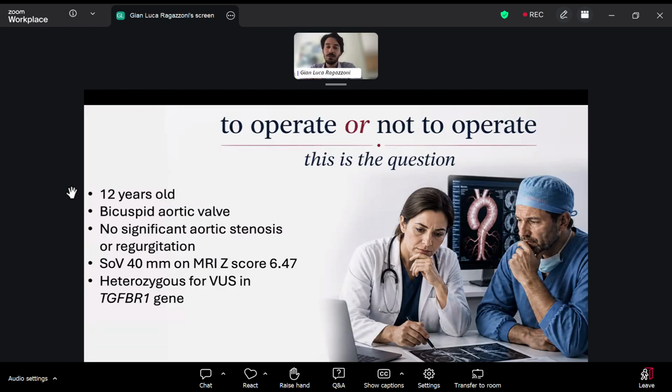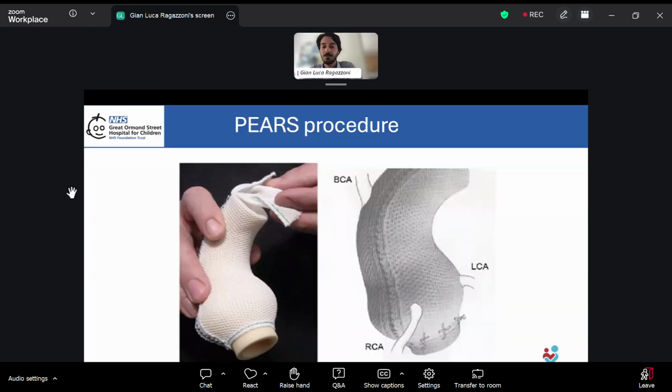However, with this patient, what we did is we had a discussion with a cardiac geneticist, and in the end, it was felt that this was a benign mutation. However, the patient still had quite severe dilatation, and was also quite keen on sport participation. So they were evaluated at the Velina, and ultimately they had a PEARS procedure, which is a personalized external aortic root support.